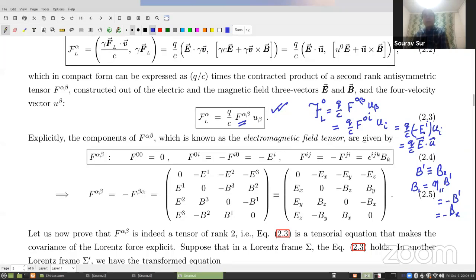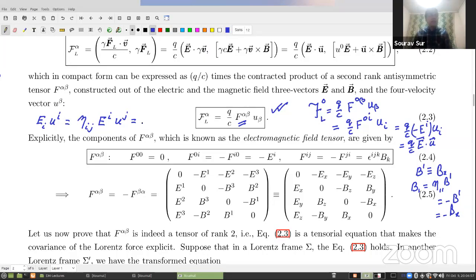Okay, so this is minus EiUi. Now you have to check. Minus EiUi is E dot U. Why? Because let's do it here. You see, EiUi, that is eta ij EiUj.